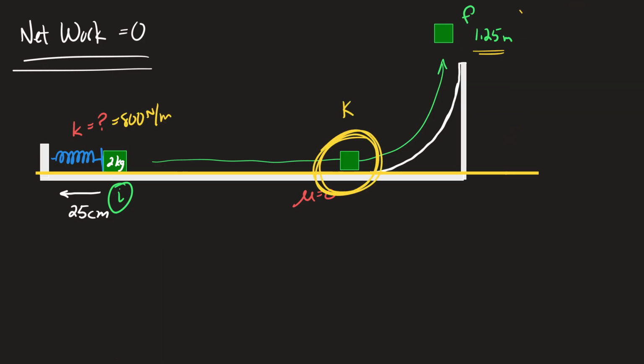Does it have any other? Is it pressed up against the spring? Is it above the reference level? So just kinetic, right? We already found out that it had 25 joules of energy here. You could just set this equal to 25 joules and then find your speed.